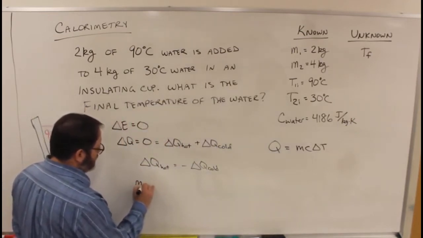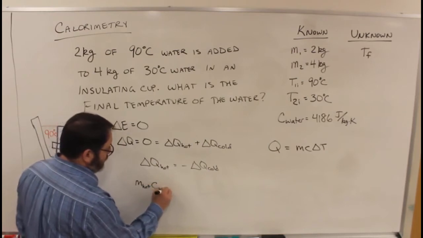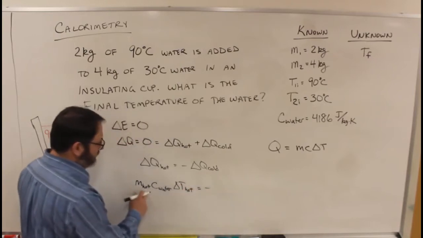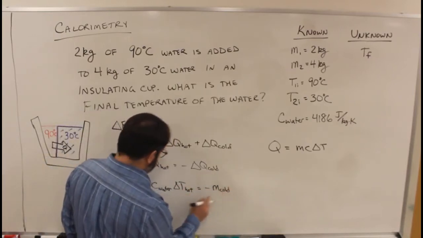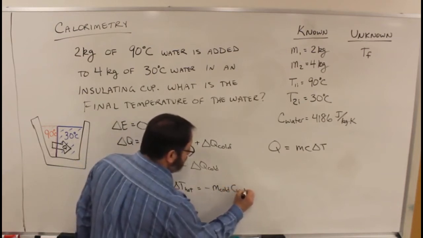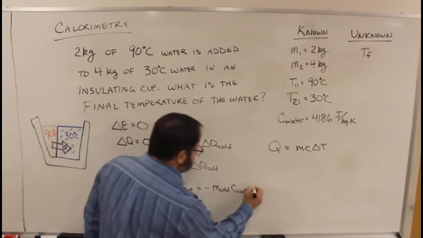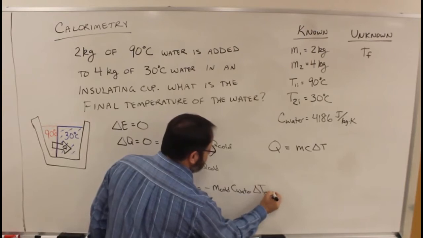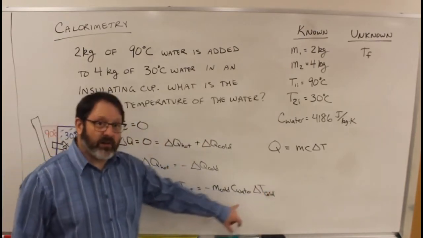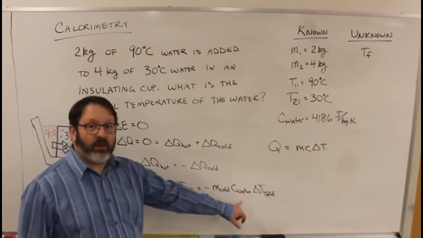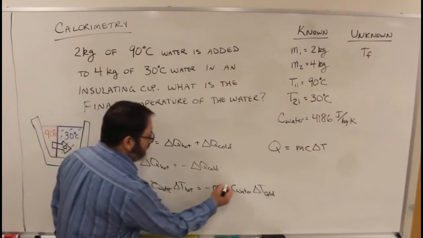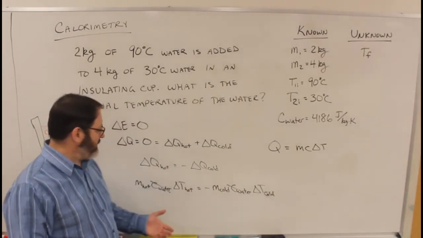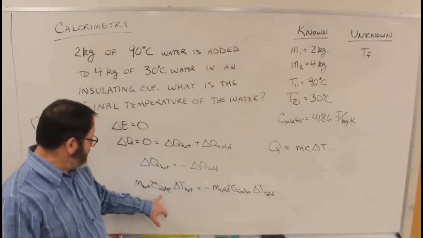So m hot, C of water, delta T hot has to equal minus m cold, C of water, delta T cold. You see that C water is on both sides? So the specific heat of water is on both sides. It can cancel out. Now if one of these materials wasn't water, if it was oil, if it was a piece of metal, something like that, then these wouldn't cancel. You have to keep them in there.